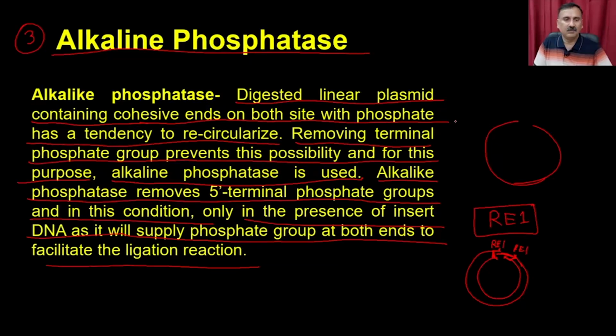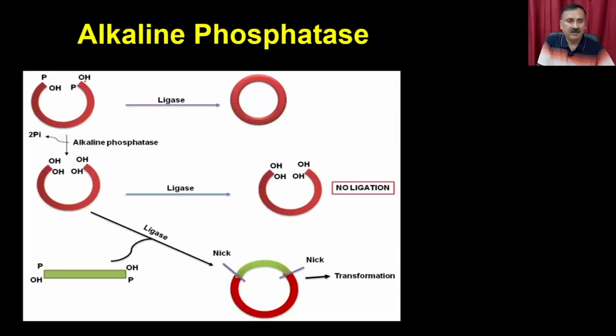So if you are doing the single enzyme digestion, then you are going to use the alkaline phosphatase to remove the phosphate from the vector. What will happen is that in the case of the vector, when you are digesting it with a single restriction enzyme, like for example RE1, you're going to have phosphate and hydroxyl overhangs, hydroxyl on that side and phosphate on this.